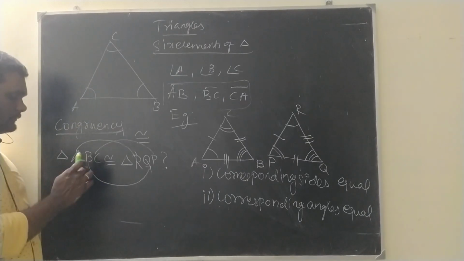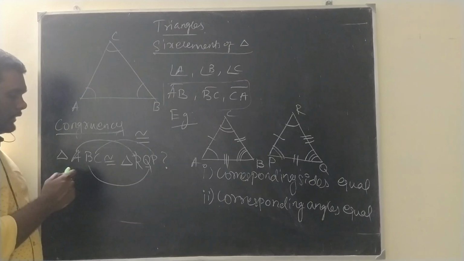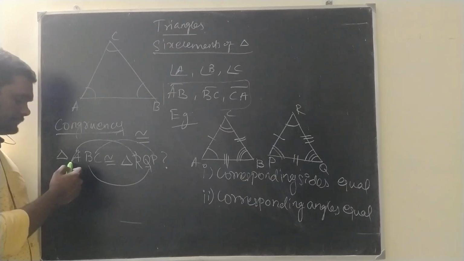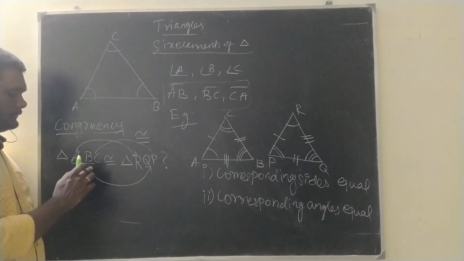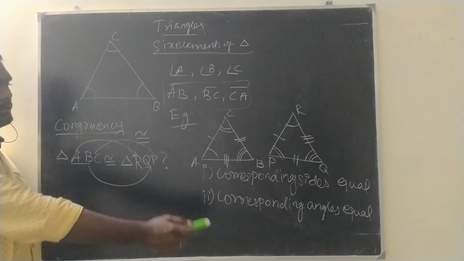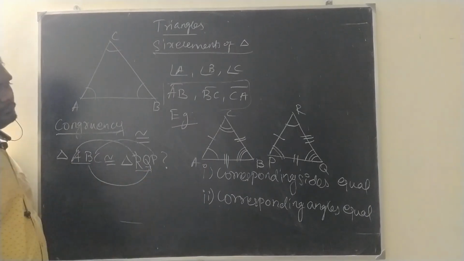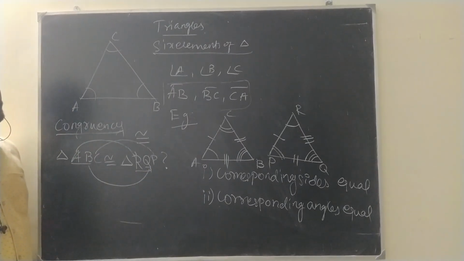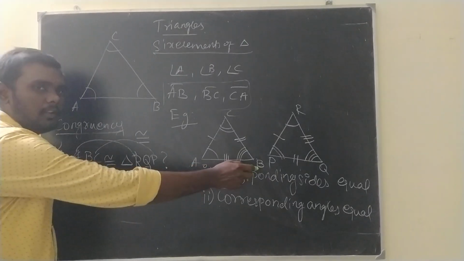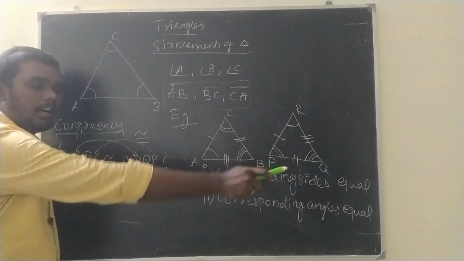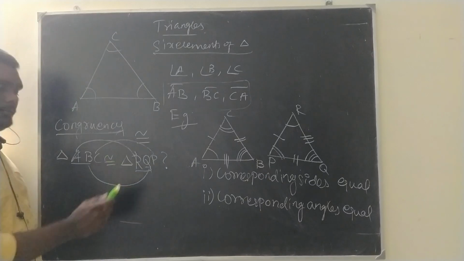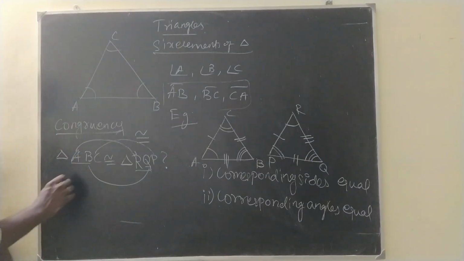Okay. What about the sides? AB should be equal to RQ. Is it or not? AB is equal to RQ. Yes, it is true. I will write that better.